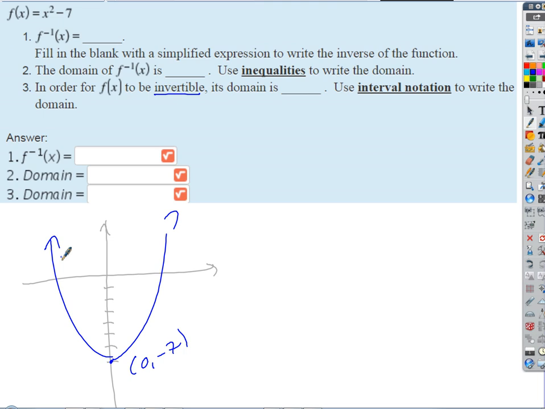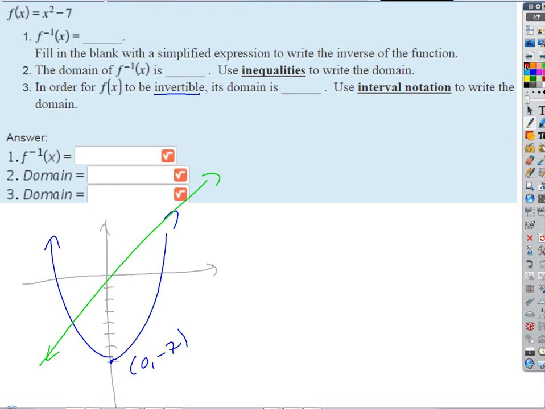Now let's think about the inverse, right? If I want to be able to invert this thing, well, I can take the inverse of anything, but the question is, is it going to be a function? If I take the inverse of this, I've got to reflect this whole thing over the line y equals x, because that's the line of symmetry, right? So what happens if I reflect over that line?